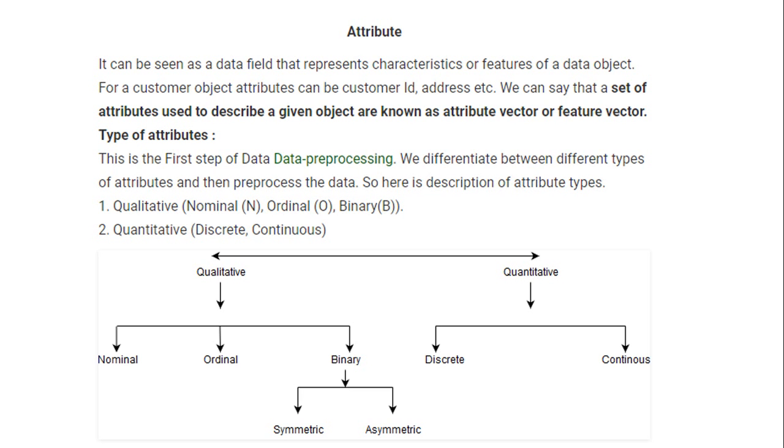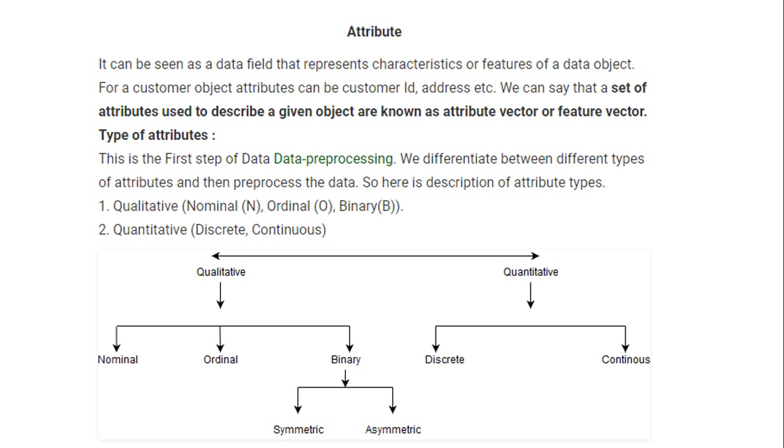So we can also come up with another example whereby we can talk about customer satisfaction. We can categorize our ordinal attributes in the form of 0, 1, 2, 3, 4.